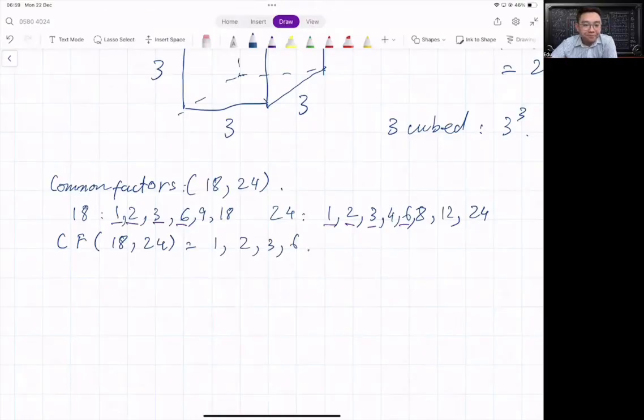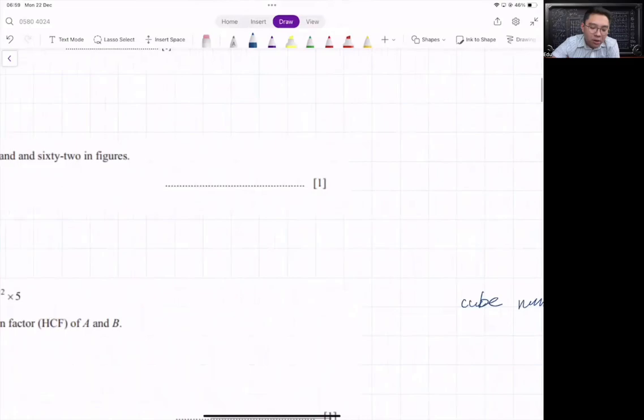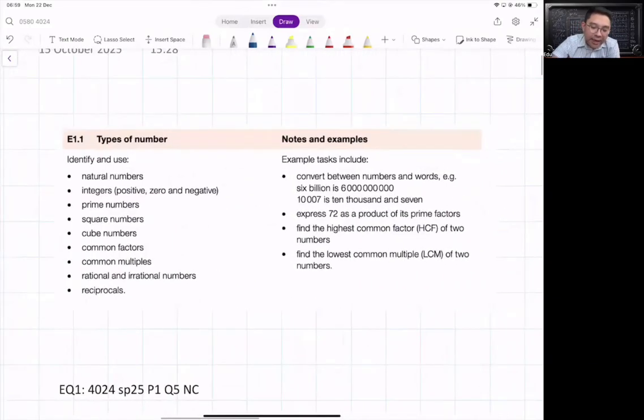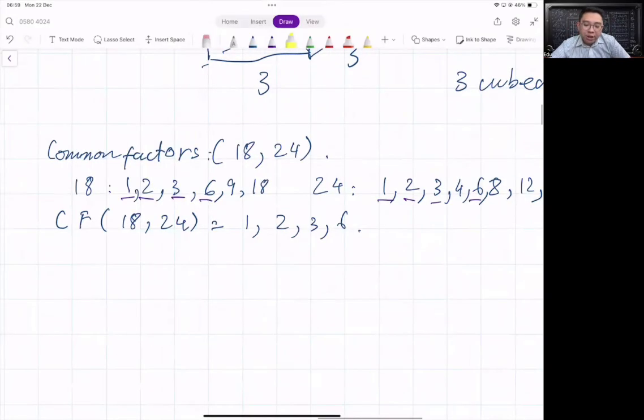Now moving on to highest common factor. Even though it is not listed here in the identify and use section on this side, it is included in the example task, find the highest common factor. So you need to know how to find it.